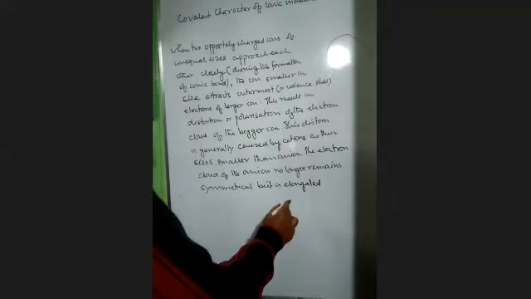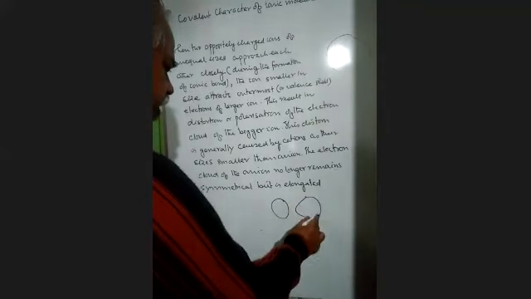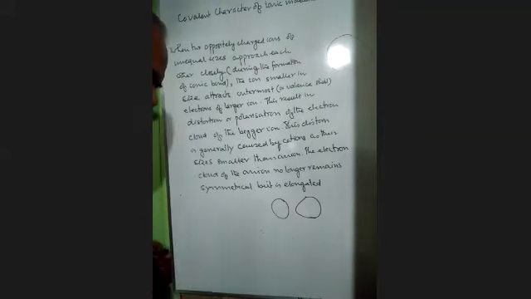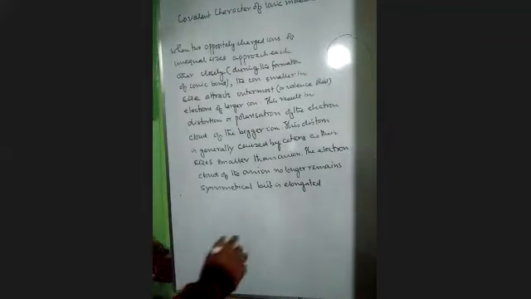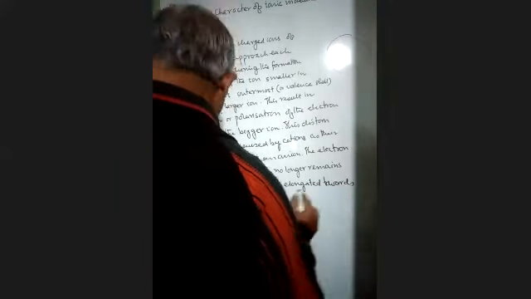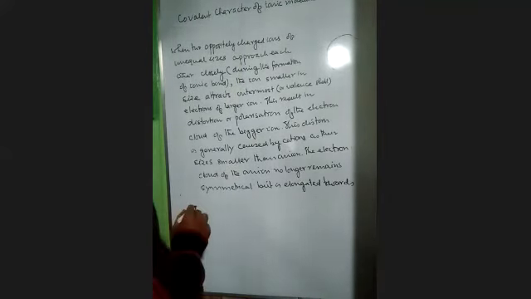See, initially I have drawn it like this, later on I have drawn it like this. This is symmetrical, this is elongated, towards the cation.